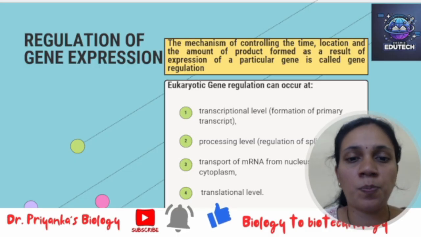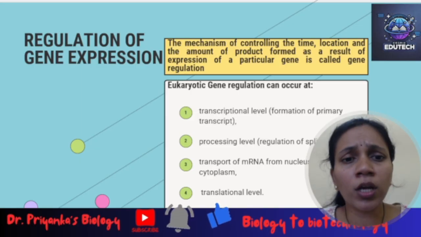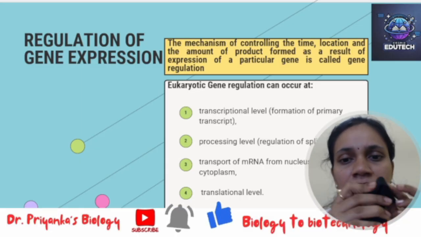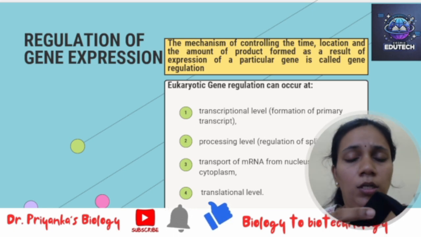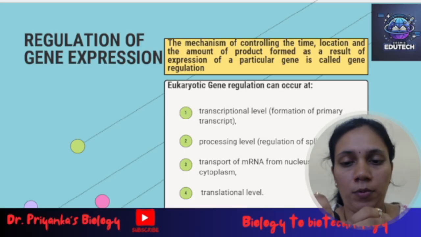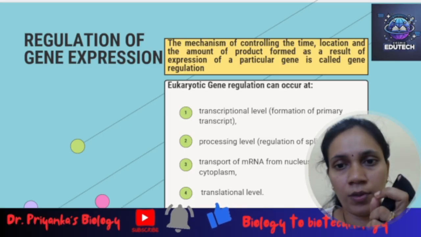Then talking about the space. Now suppose you see here, consider this is the DNA that is present. We know it is wound, right? We do not require the entire DNA to be opened up. We don't want it to be unwound.